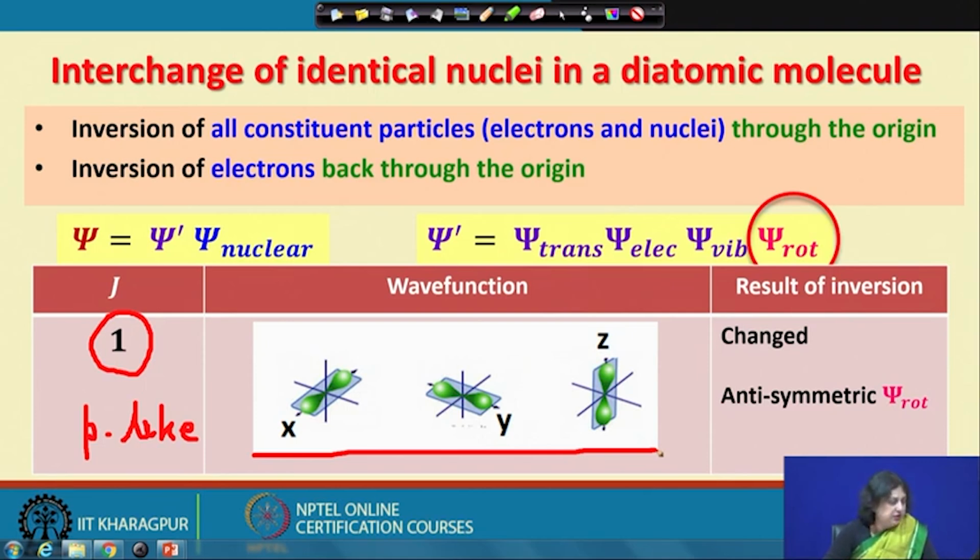There are 3 solutions, and as you see, if I carry out an inversion through the origin, which is at the nodal points of the p orbitals, I know that the wave function changes sign as it goes from x to minus x, or plus y to minus y, or plus z to minus z.